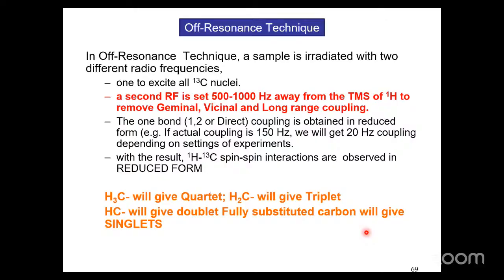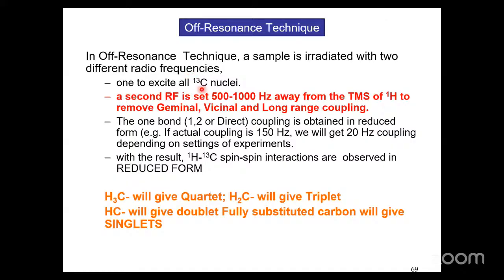One more technique which is often used in C13 NMR, which we call the off resonance technique. Now in the proton decoupled spectrum, we have removed all the H1 coupling with the carbon, but in the off resonance technique, a sample is irradiated with two different radio frequencies.